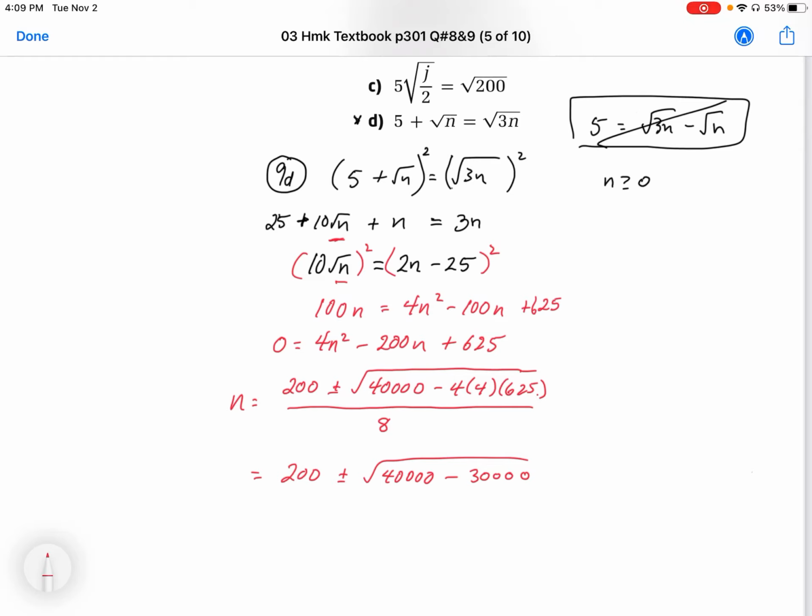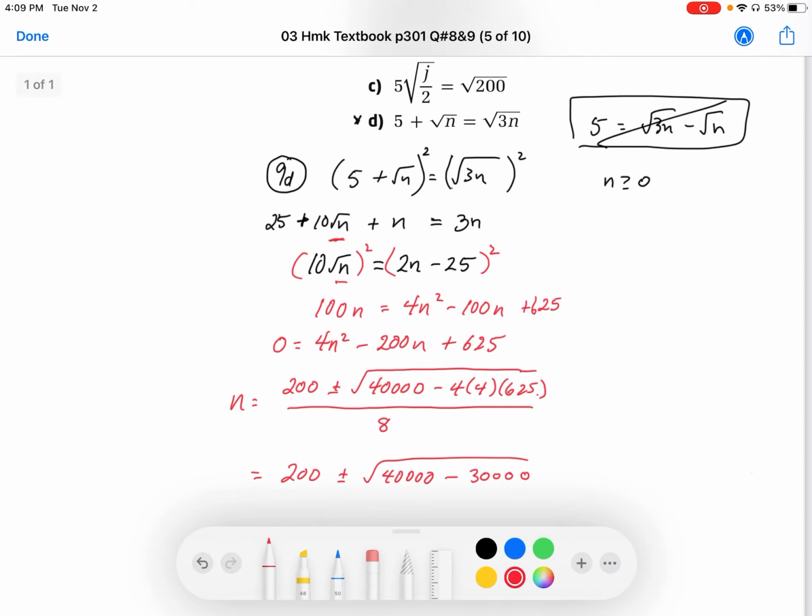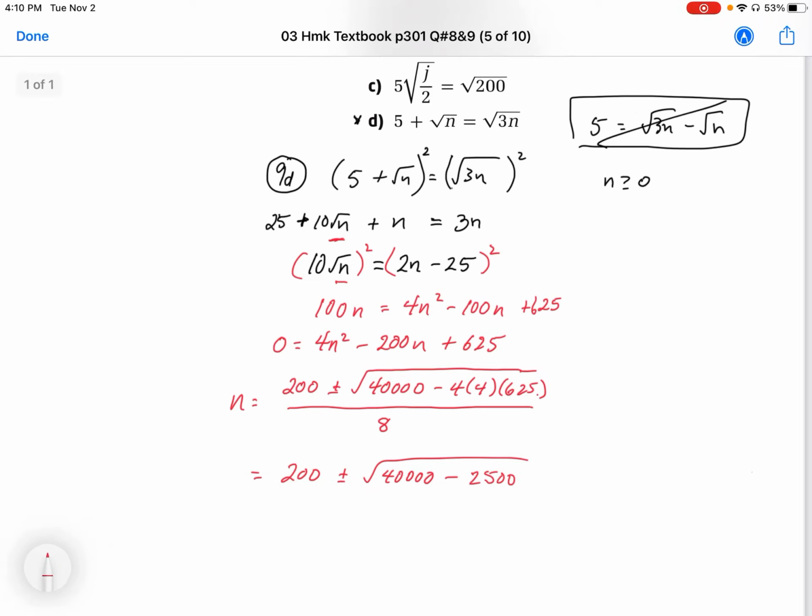Four times 625 gives me 2,500. Okay, so I have to fix that.